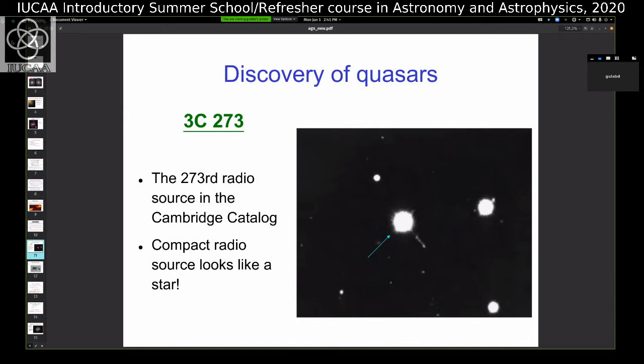This is the 73rd radio source in the Cambridge catalog of radio sources. And you see this is just a star-like object. So for example, in the field, there are other stars, and this quasar also looks like a star in the optical images.